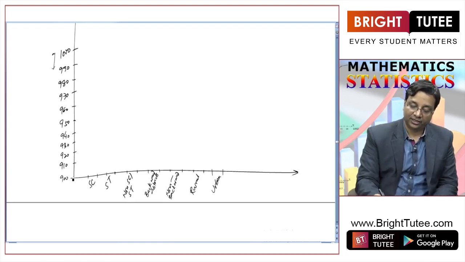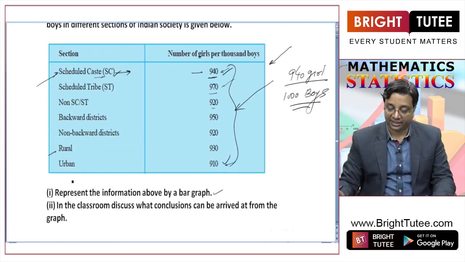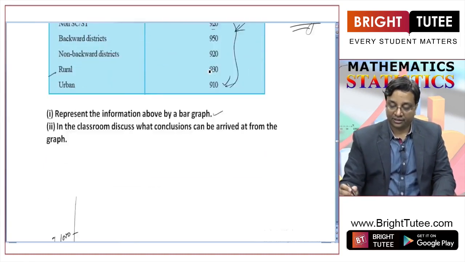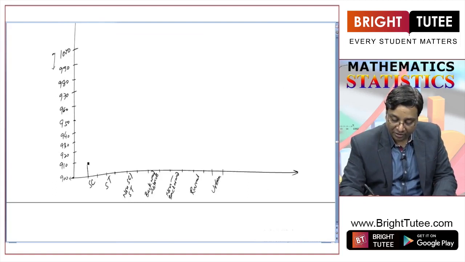So this point here represents 900, okay, for this particular question. So in the SC category, we have got 940 girls per 1000 boys. So the height of this bar corresponding to the SC category will be up to this point, which represents 940 on the vertical axis.